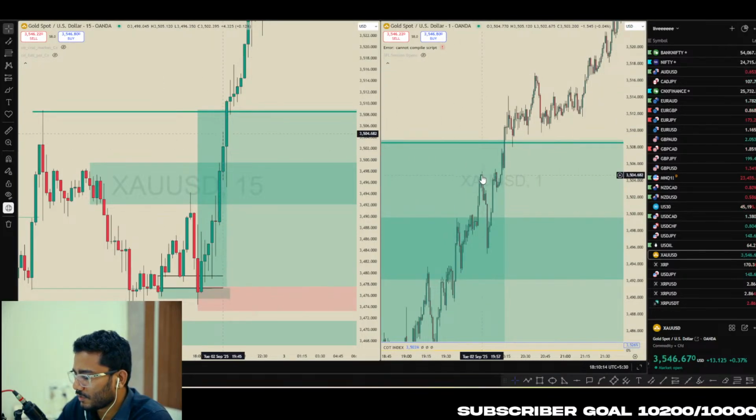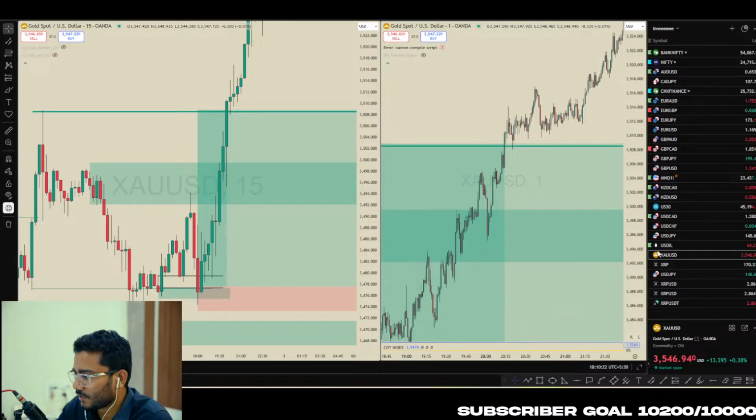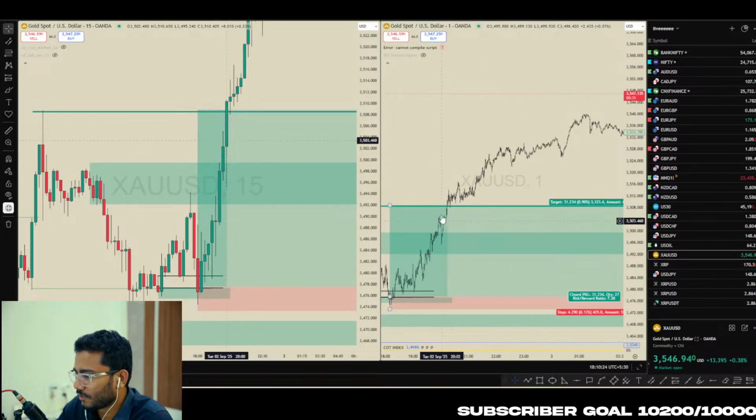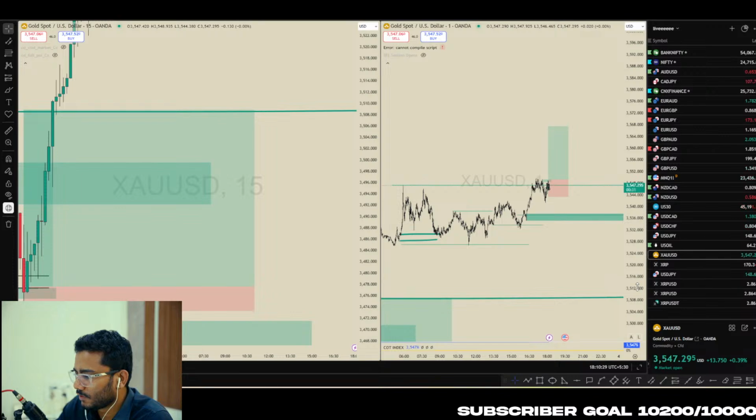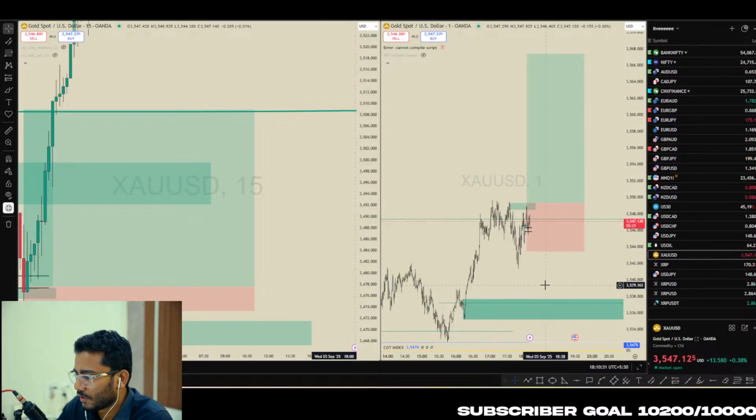So this was the candle which took out the low and then broke the structure. So this was the breaker. This is the breakout which I traded yesterday. Stop loss below this low and this whole move to the upside I got yesterday. Let's see if we can catch this breakout.